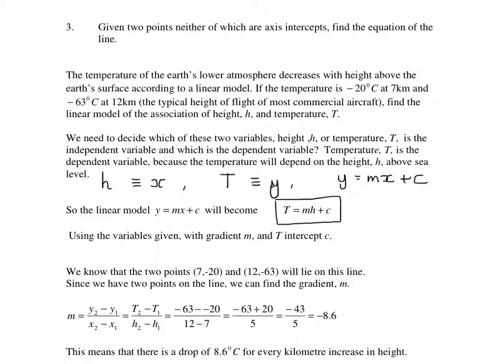This is degrees centigrade per kilometre, because kilometres were in the denominator. So we've got a value of negative 8.6 degrees centigrade per kilometre. That negative sign means that as we increase our height above the Earth's surface, the temperature decreases by 8.6 degrees centigrade per kilometre increase in height.